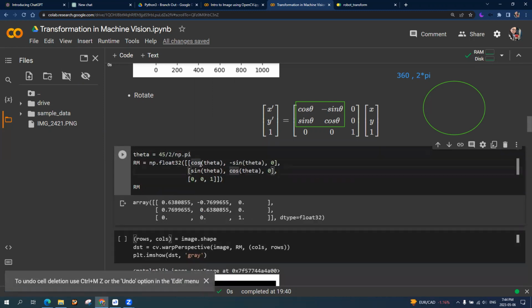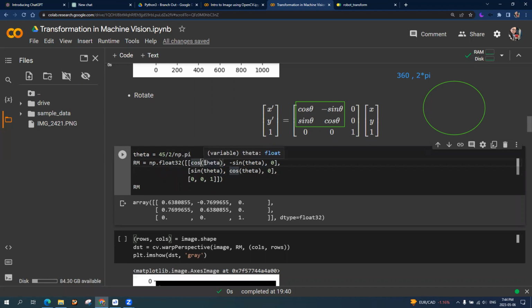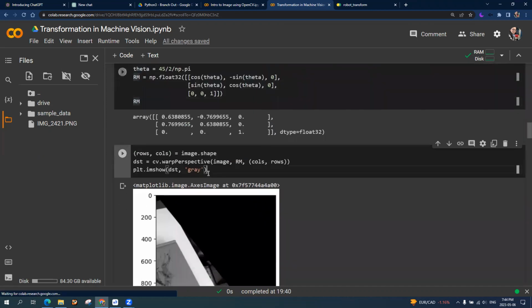So we just need to pay attention that this has to be in radians, not degrees, and you need to convert that. Then we construct the matrix following the formula, put the values in the right places, and you get a rotation matrix. Now we apply it the same way: take the image, provide the rotation matrix, and then provide the size of the image.